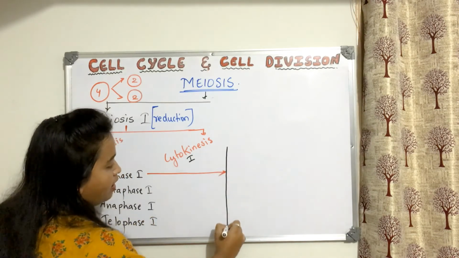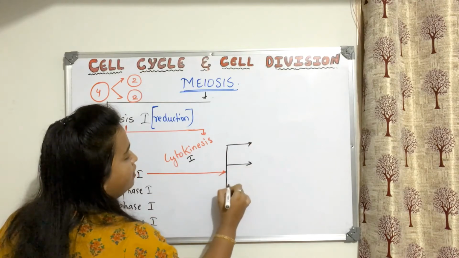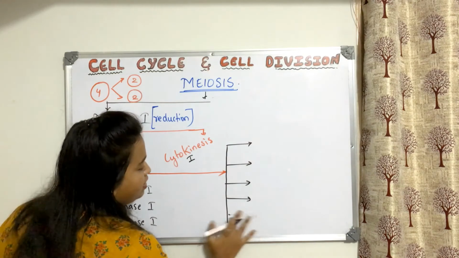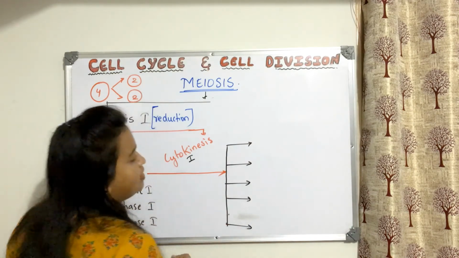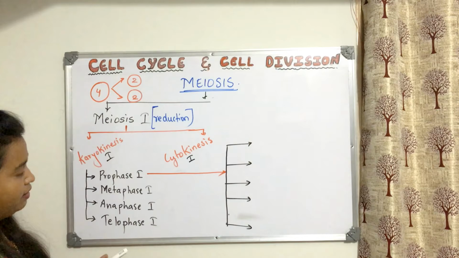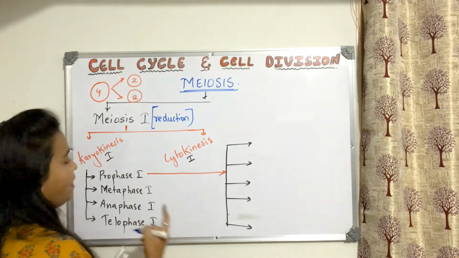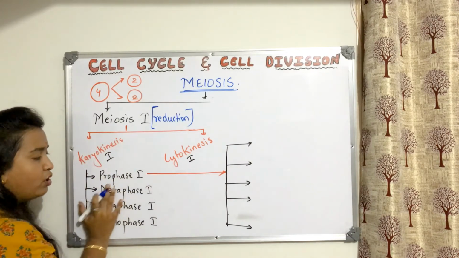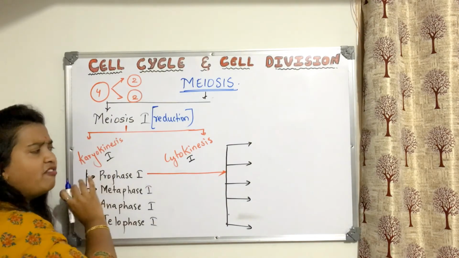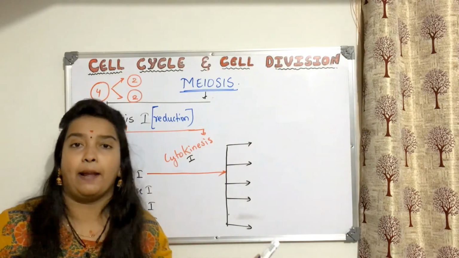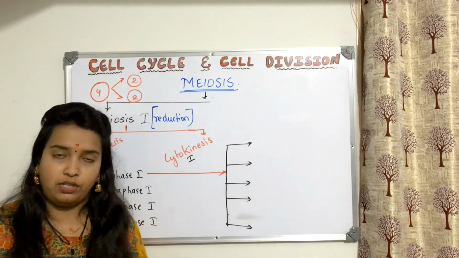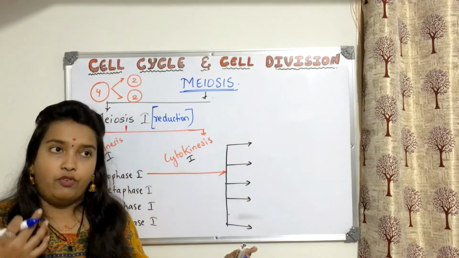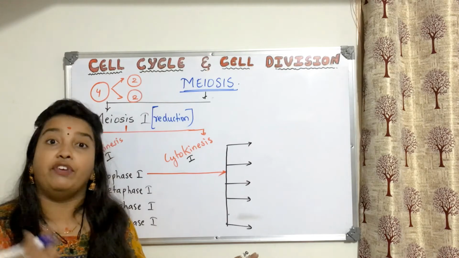Prophase 1 has a very long duration, because it is divided into 5 stages, and these 5 stages are important for recombination and variation.